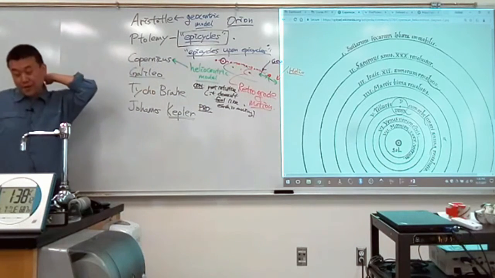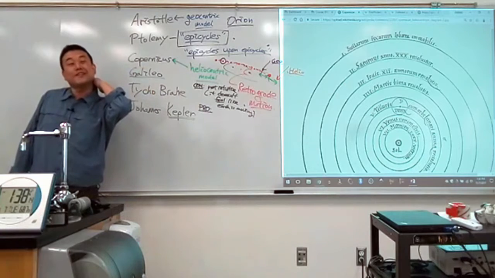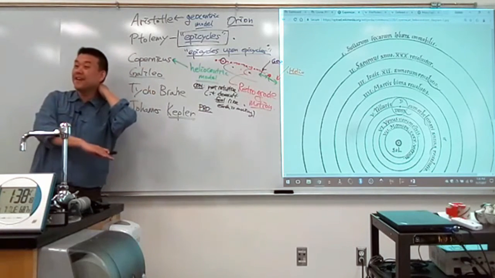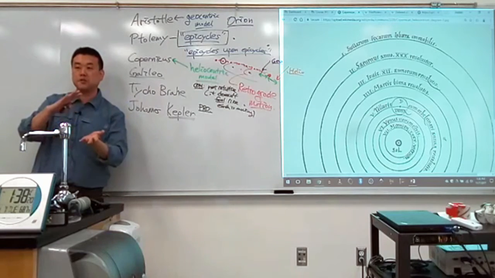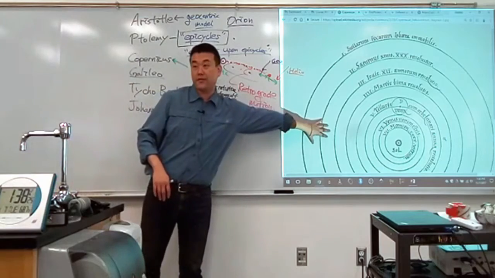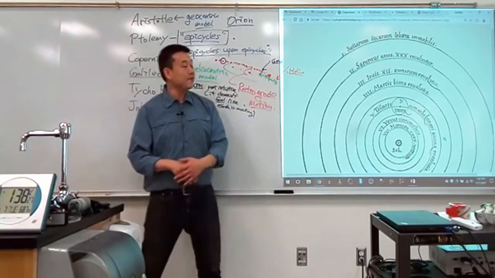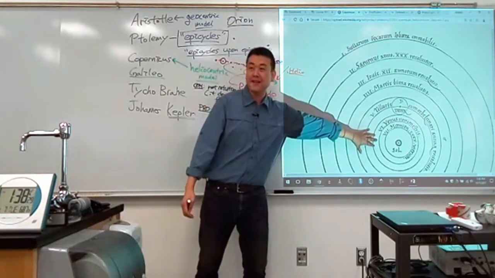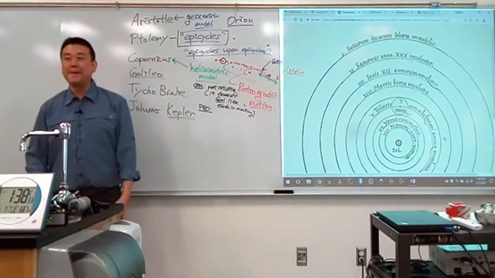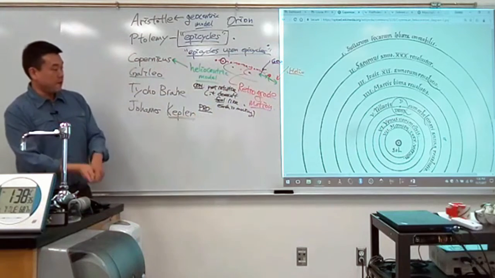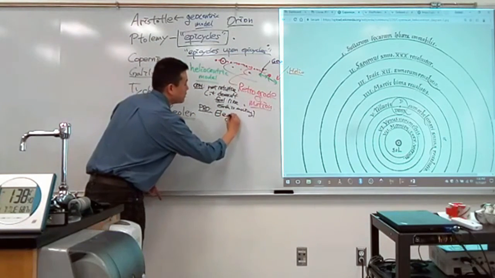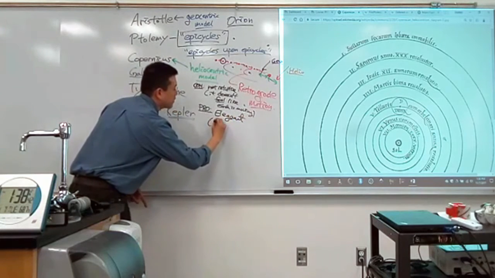I guess he was afraid of getting persecuted by the church, so he published it posthumously, after he died. And he couched his proposition very carefully. He didn't say, this is actually how things are. He said, if you think of things as being like this, then it makes it easier for us to calculate the positions of planets. That would be the biggest pro: it is more elegant, a simpler calculation.